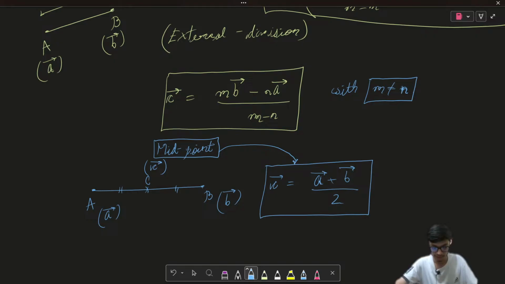Is this discussion clear? Sudha, say it again, please. Which part do you want to repeat? Which part do you want me to repeat?